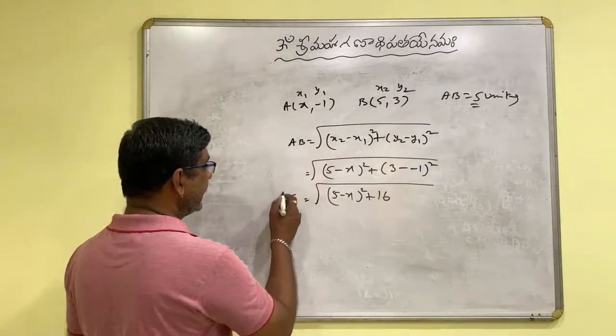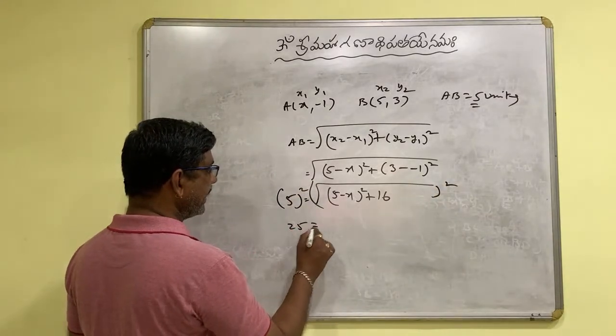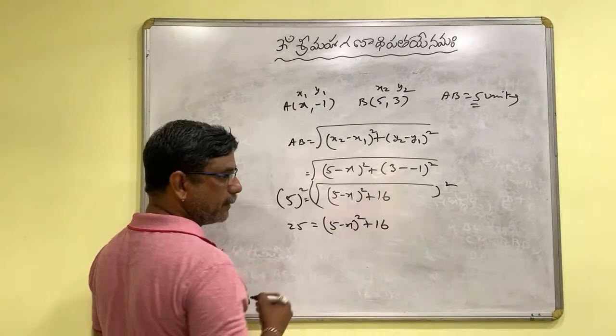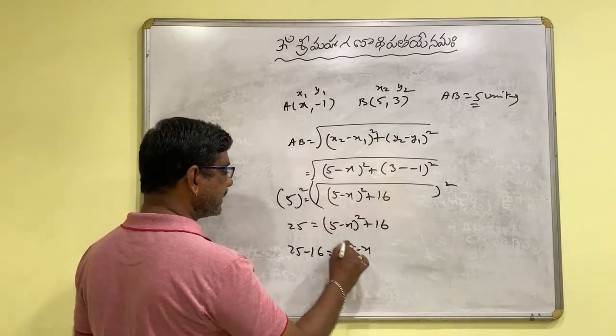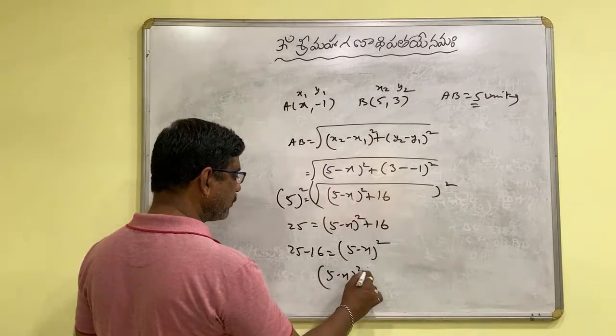Now squaring on both sides. 25 is equal to 5 minus x whole square plus 16. 25 minus 16 is equal to 5 minus x whole square. 5 minus x whole square is equal to 9.